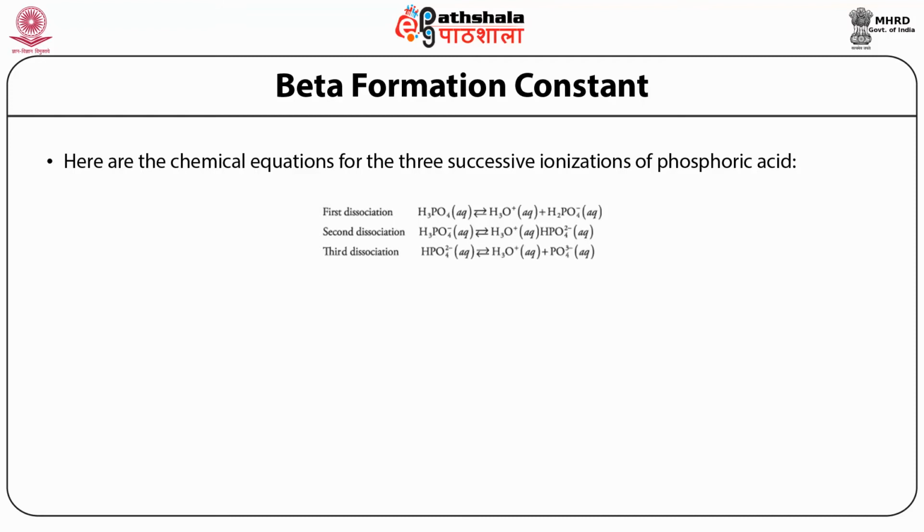Some OH anions will be there. H2PO4 anion, HPO4 2 anion and PO4 3 anion will be there. So these are the overall species present in the solution. Some are undissociated, such as H3PO4, and H2O also remains undissociated in a small amount.